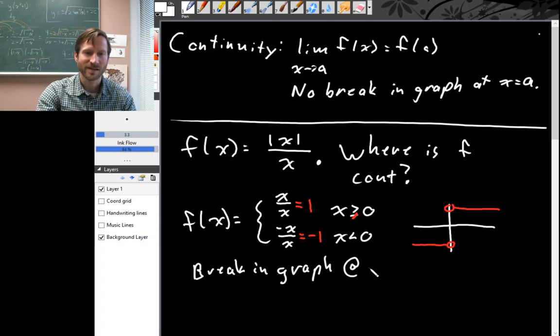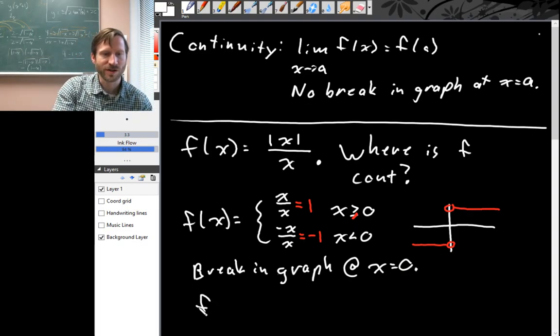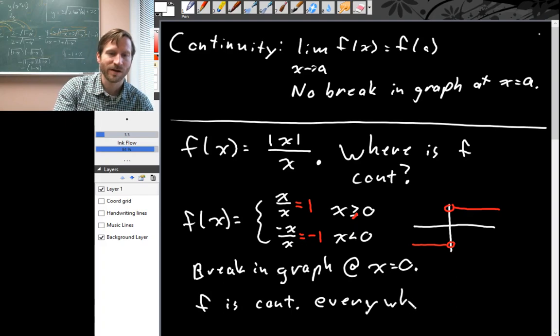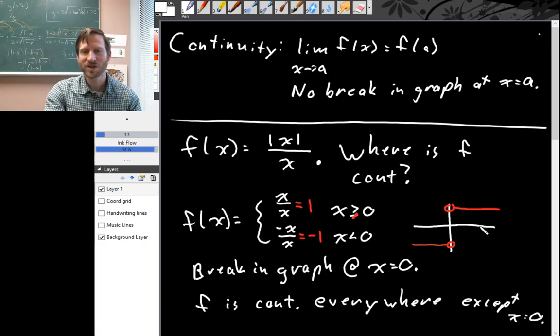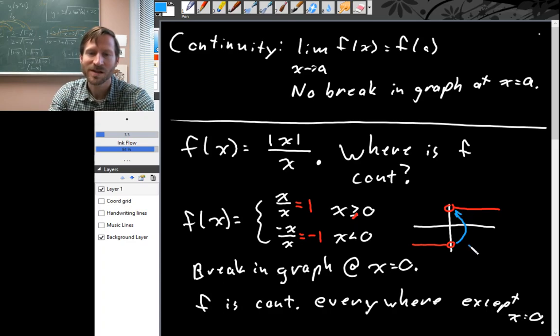So this function is continuous for every x value, so it's continuous everywhere except x equals 0. If we want to, we could describe what kind of discontinuity this is. Because the graph jumps from one value to another, this is a jump discontinuity.